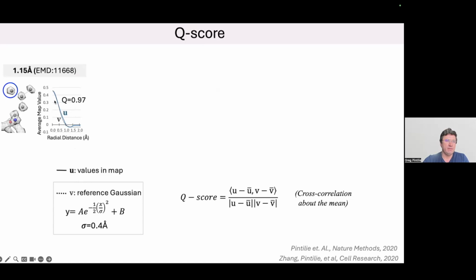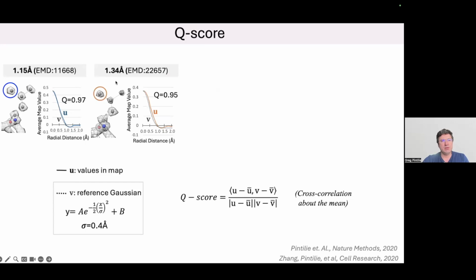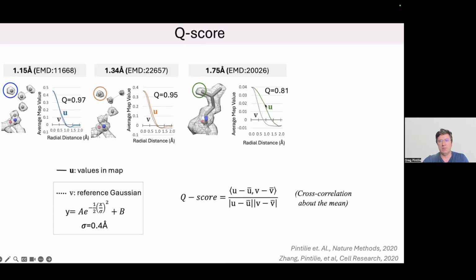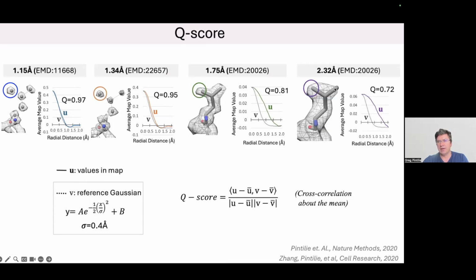If we compare them for this map and model, we see that we get a Q score of close to 1. Then as we go to lower resolutions, 1.3, the map profile starts to get a little bit wider, with a slightly lower Q score, and even wider, again a lower Q score, and at 2.3, even further away, so a lower Q score. So this started to work somewhat, and the Q score is calculated much like cross correlation.